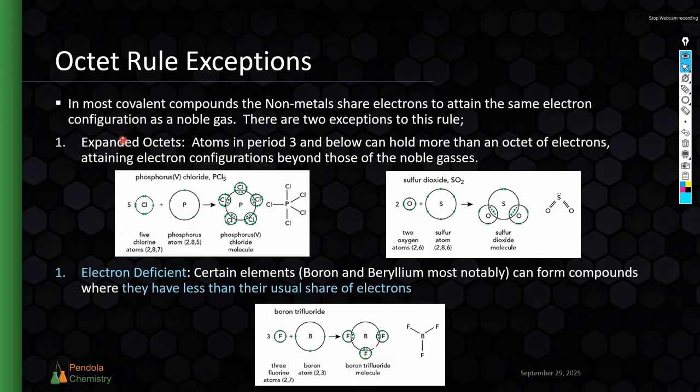This is only true of elements in period 3 and below. Elements in periods 3 and below on the periodic table can hold more than an octet of electrons. If necessary, if it makes the structure more stable, they could attain a bonding configuration where they have sometimes 10, sometimes 12 bonding electrons. And this leads to different shapes and different compounds. For example, the most common example of this is phosphorus pentachloride, PCl5.